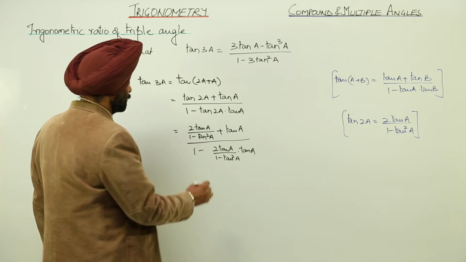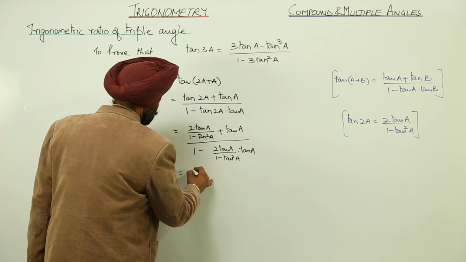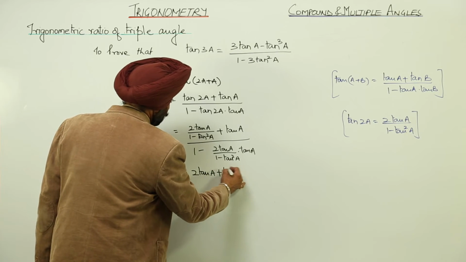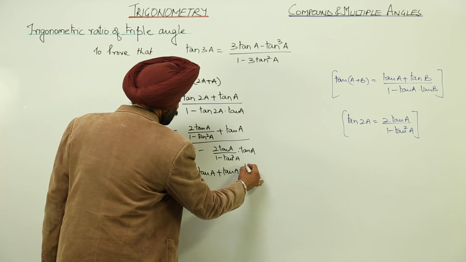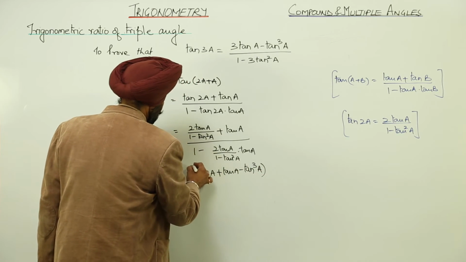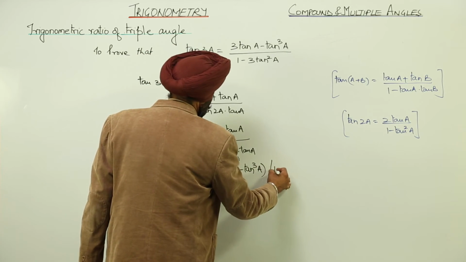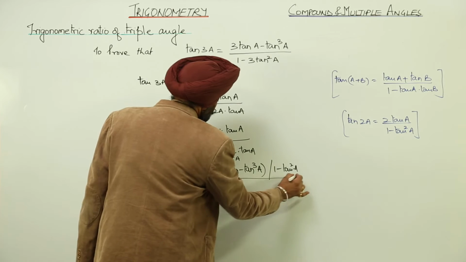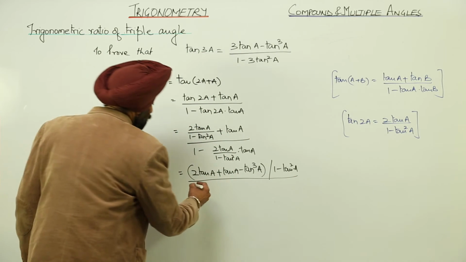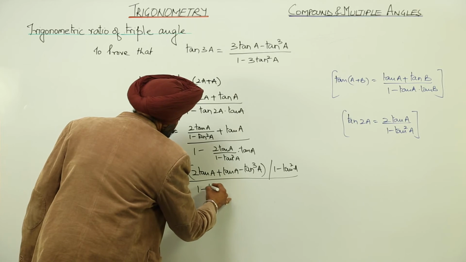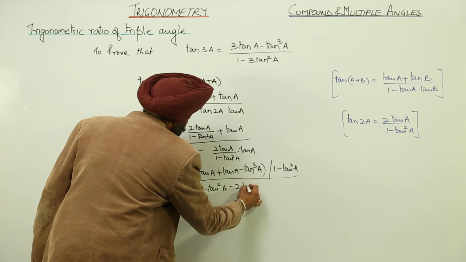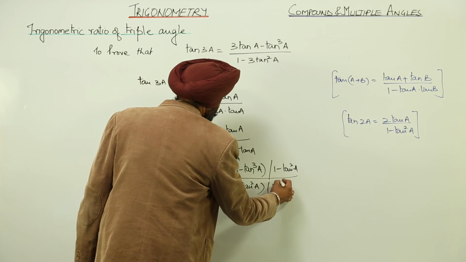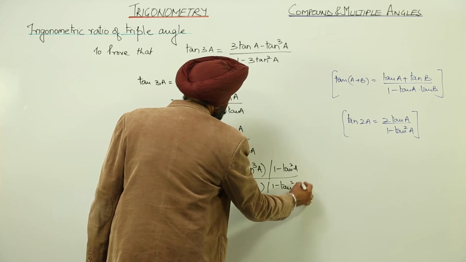Okay. Now after taking the LCM, what are we having? 2 tan A plus tan A minus tan cube A, upon (1 minus tan square A), upon, again taking LCM in the denominator, 1 minus tan square A minus 2 tan square A, divided by (1 minus tan square A).